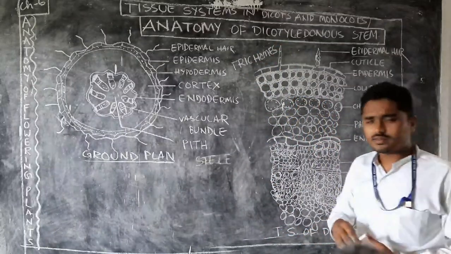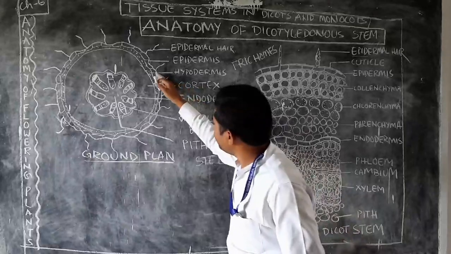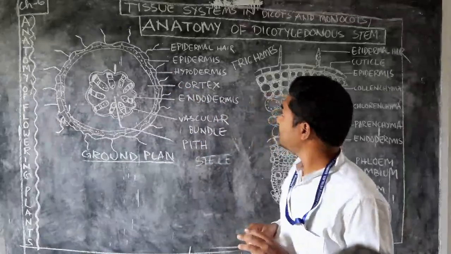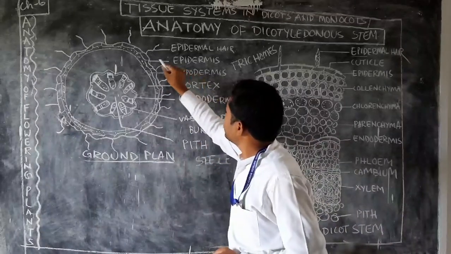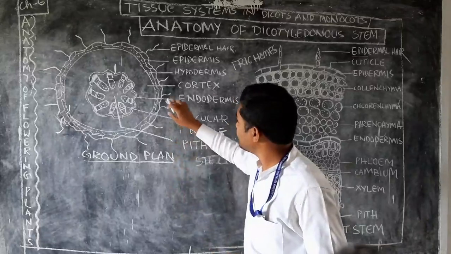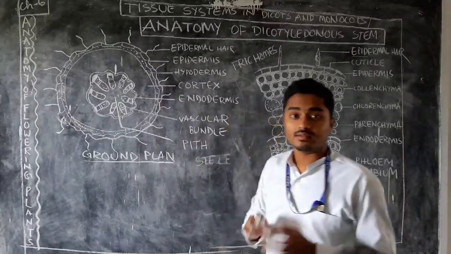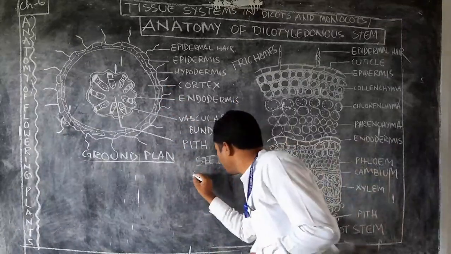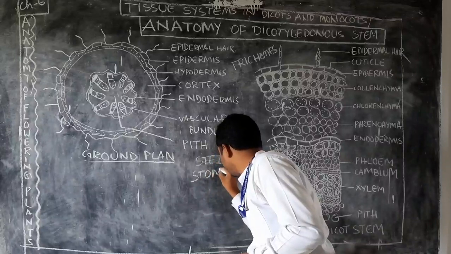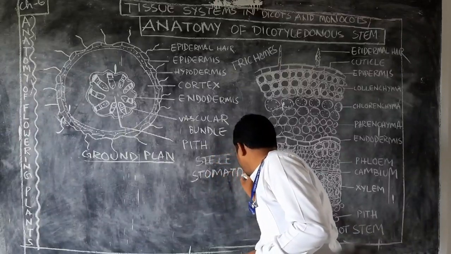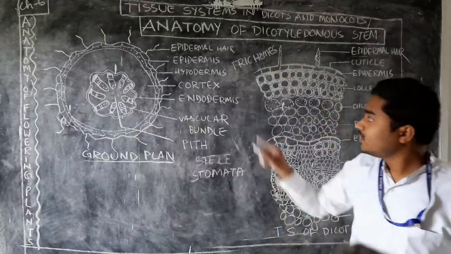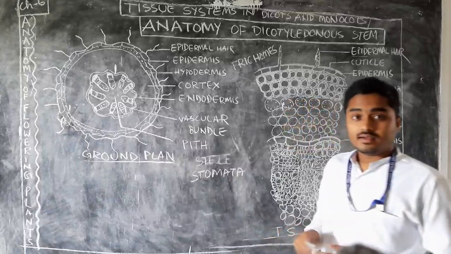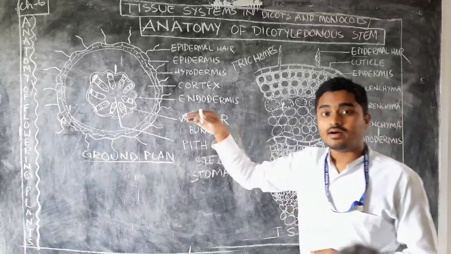And sometimes, remember, in young stems this epidermis in some parts gets broken, forming a structure which is known as stomata. Sometimes stomata are found in young stems, but generally stomata are found on leaves.